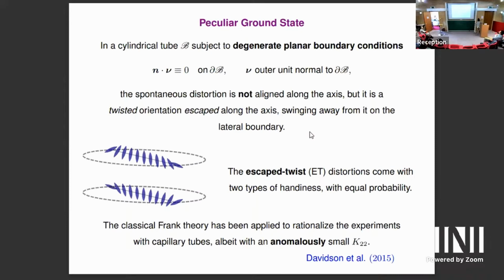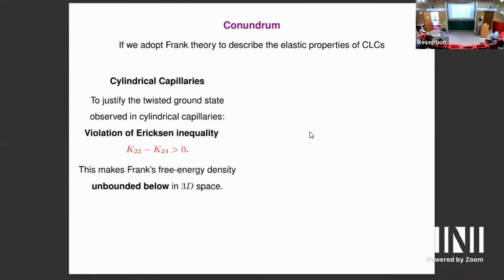And despite this lack of uniformity in the ground state, the classical Frank theory has been applied to rationalize this experiment with capillary tubes. That's the problem. And here is the conundrum. We adopt the Frank theory to describe the elastic properties of chromonic liquid crystals in order to accommodate the experimental finding and to justify the twisted ground state observed in cylindrical capillaries.